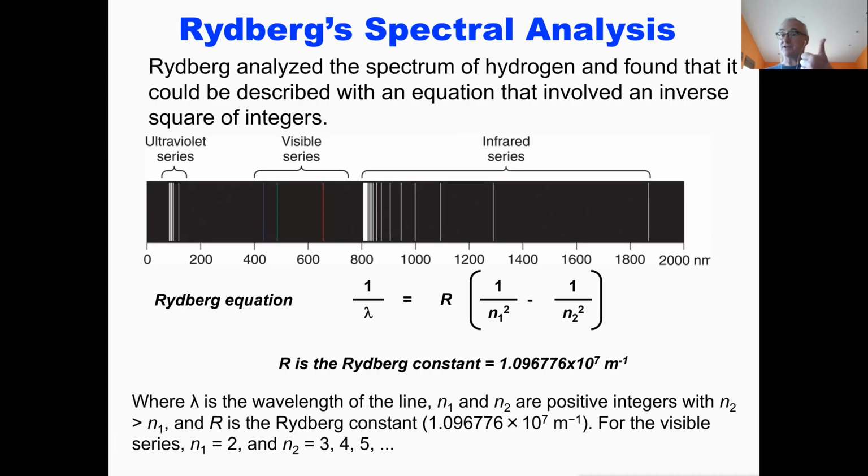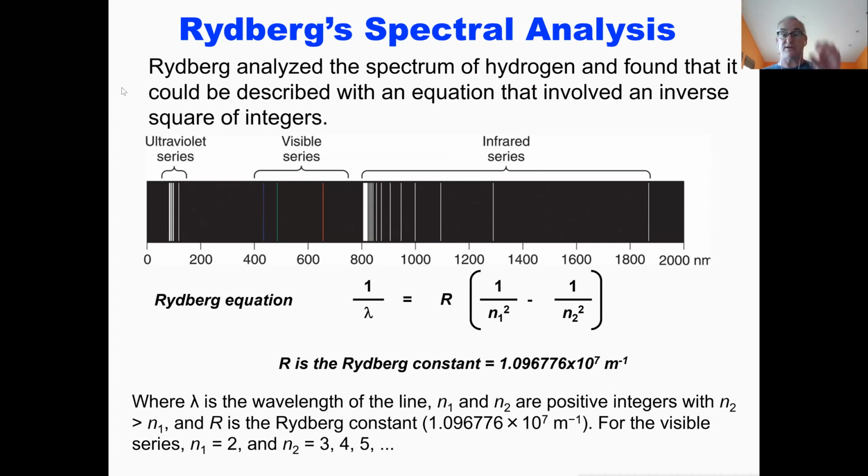Okay. So another Swedish scientist named Rydberg did basically just mathematics on the same thing. And his work showed that Bohr's theory kind of makes sense. Now, don't worry too much about the equation here.